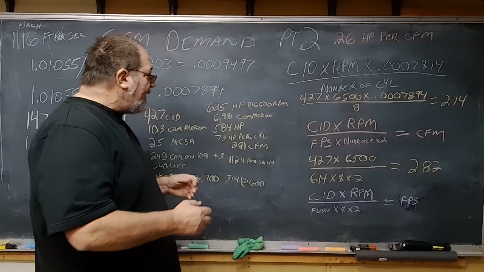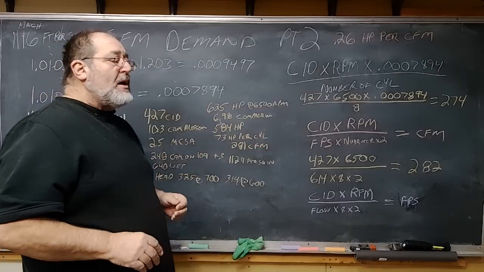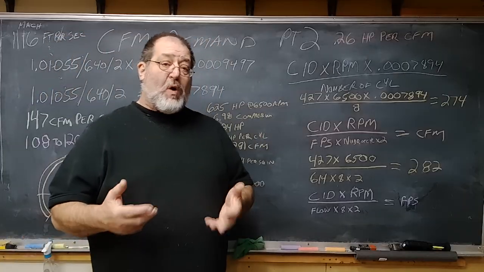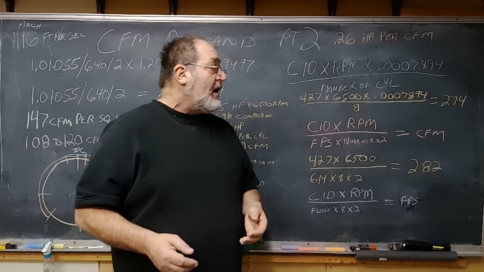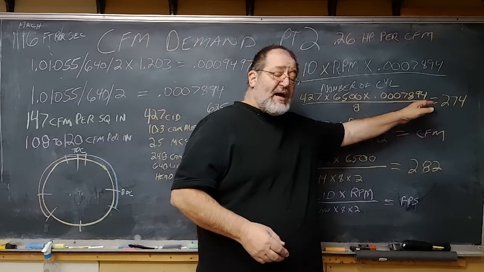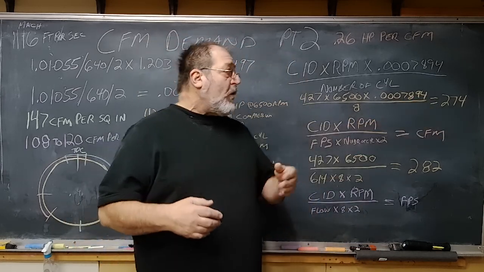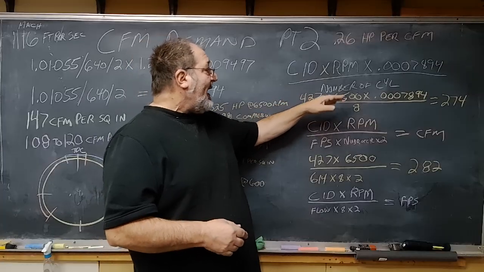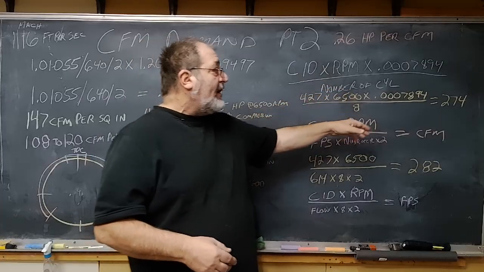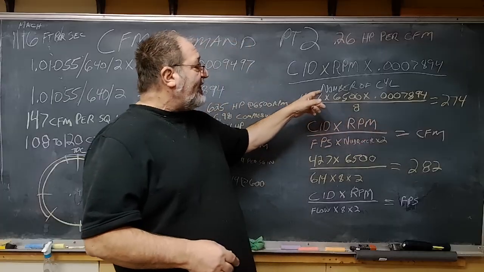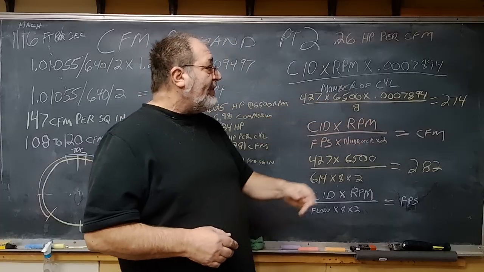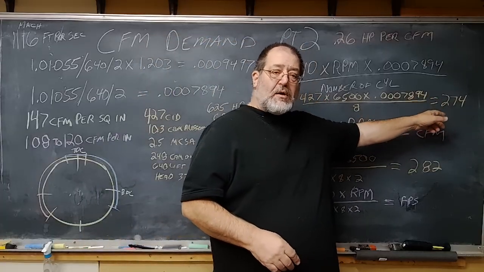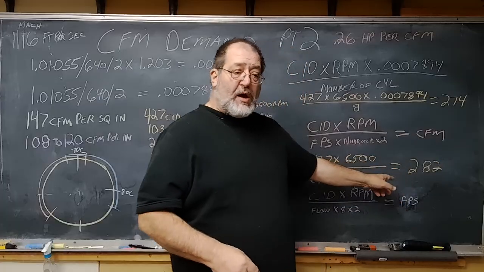And that kind of explains why an engine makes what it does and why I look at CFM demand. There are limits, just like I said in the previous video, for what the cubic inch size and the RPM can flow. If I was to figure this at 5,000 RPM, I would get a way lower number with either one.